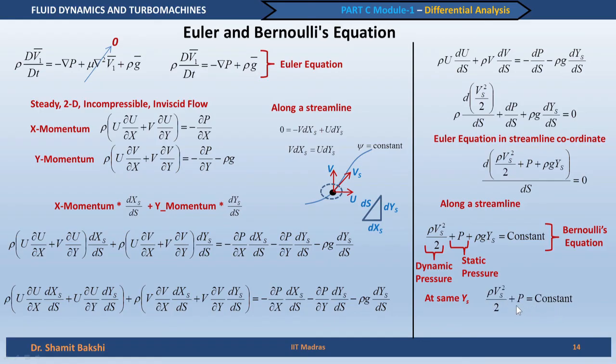This means that the sum of the dynamic pressure and the static pressure is constant. This is called the stagnation pressure. What it means is, if you have a flow and you stagnate the flow, then the velocity becomes 0 and the pressure increases.